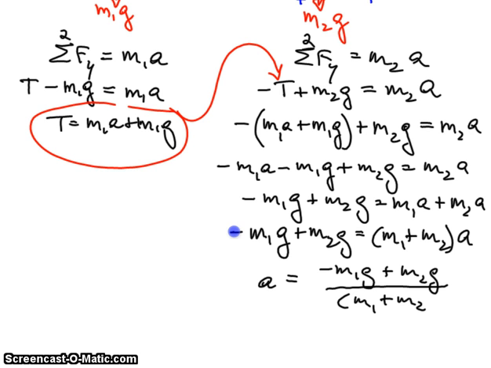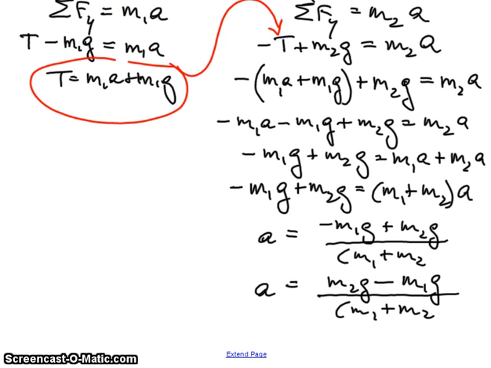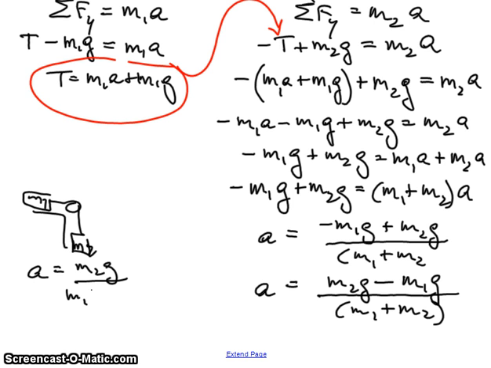And we'll switch around the minus signs there. We get A equals M2G minus M1G over M1 plus M2. And what we can see is that if you compare this to the previous example we did, where we had this situation, M2, M1, we found A equals M2G over M1 plus M2.